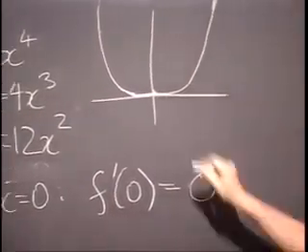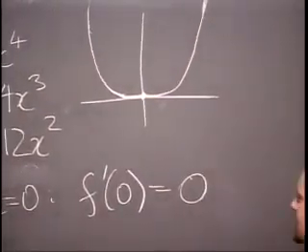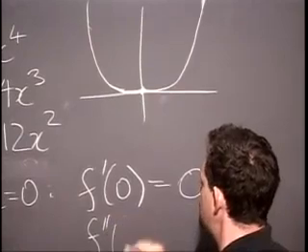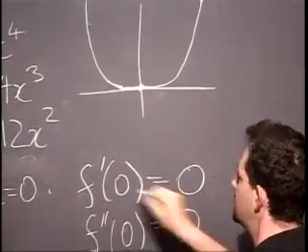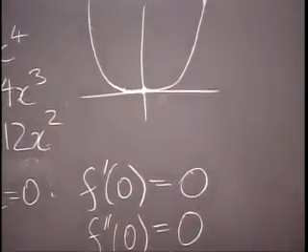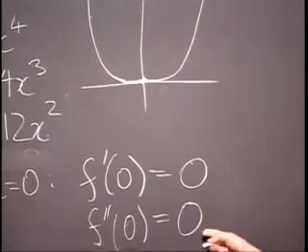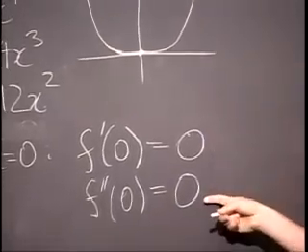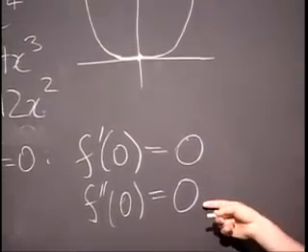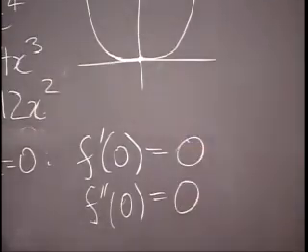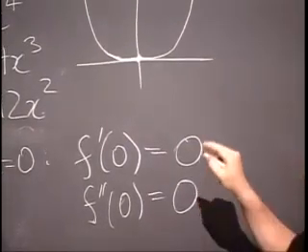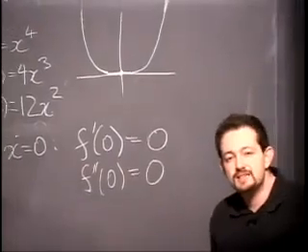So we know the origin is a critical point. And the second derivative is also 0 if you plug it into that formula. So you may be tempted to say, oh, critical point, second derivative 0, we must have a point of inflection. But as you can see from the picture, you don't.